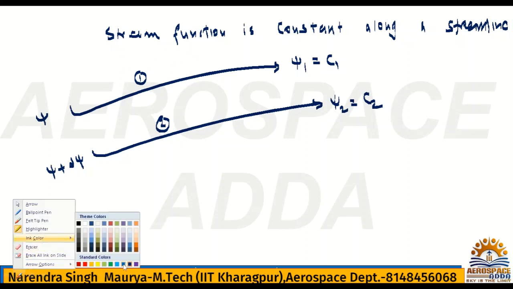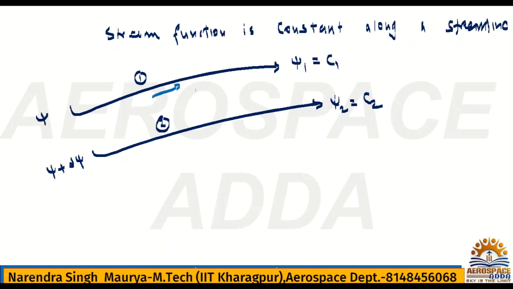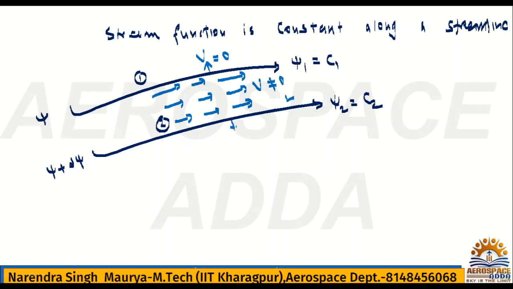So it is like a path, you can say a solid path, in the sense there is no perpendicular flow, or you can say there is no leakage. This perpendicular flow will not be possible, so here velocity will be 0, which means there is no flow. But along the streamline you will get velocity, which will not be 0. But the perpendicular component, everywhere, you will get 0 velocity. That's the characteristic of the streamline. Yes or no? That I had explained.